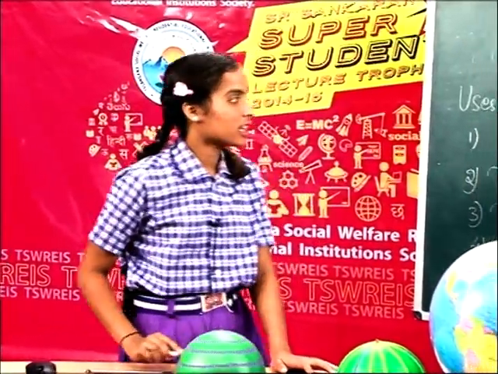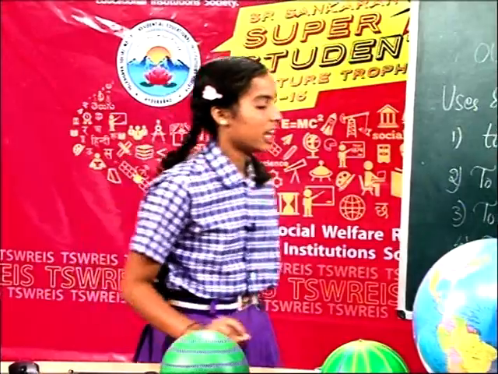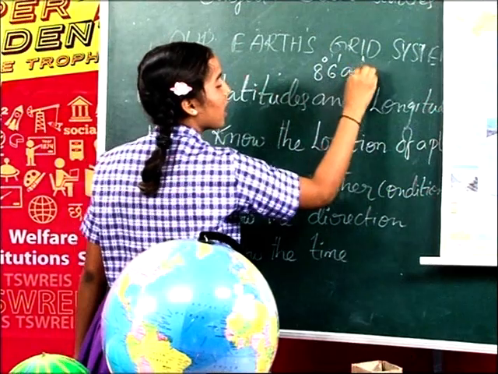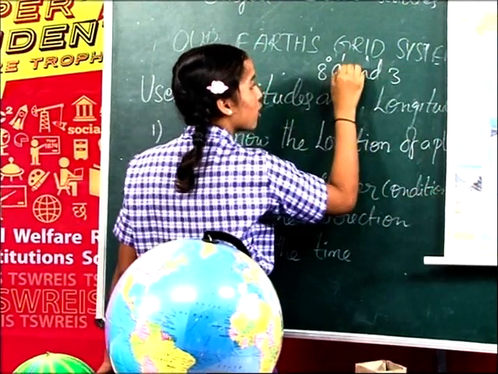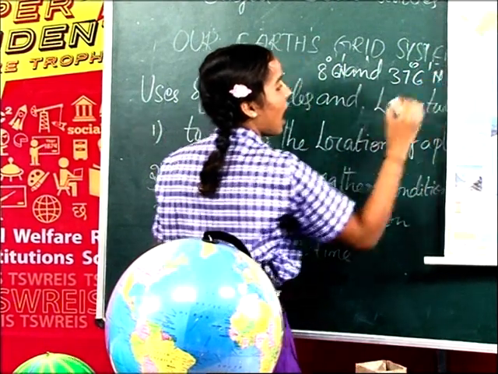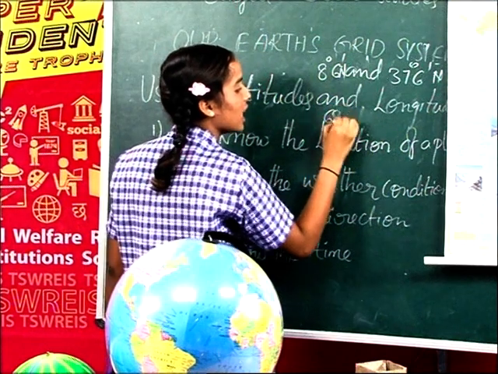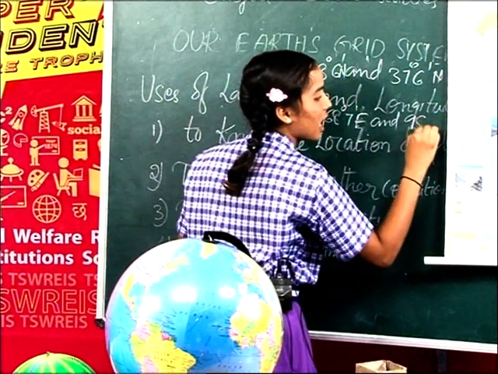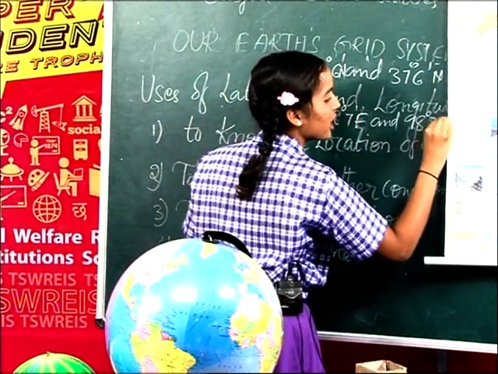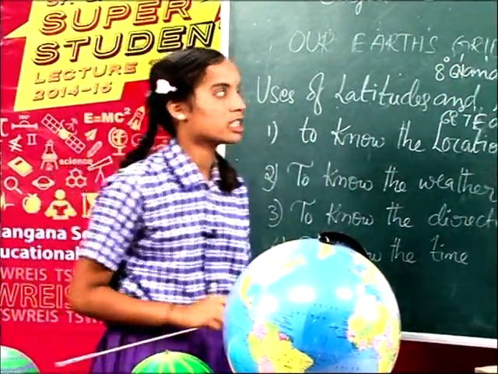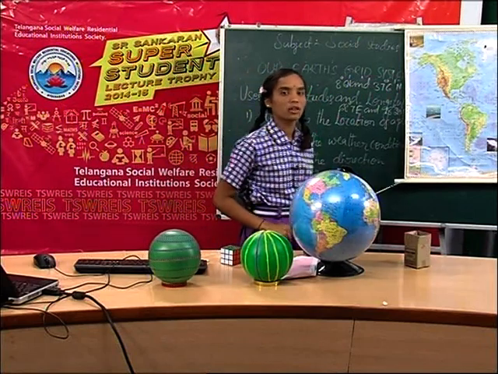For example, if we take India, India is located between 8 degrees 6 minutes north and 37 degrees 6 minutes north, and 68 degrees 7 minutes east and 97 degrees 25 minutes east. Friends, now with the help of these latitudes and longitudes, we can know the exact location of a place.